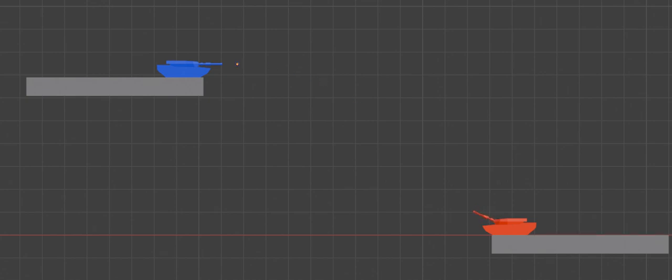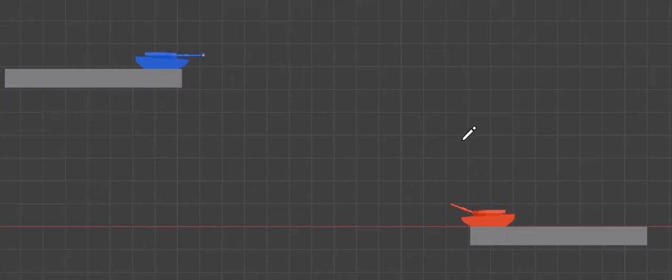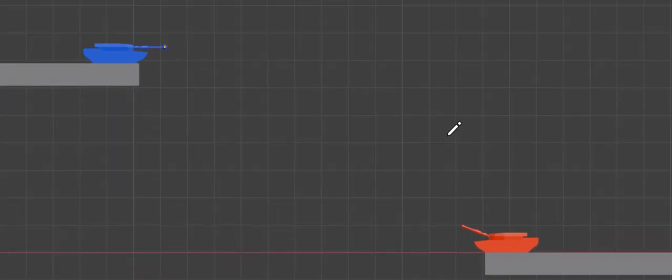So what I want to look at in this scenario is the location, velocity, and acceleration of this projectile as it travels through the air over time and eventually hits the red tank.